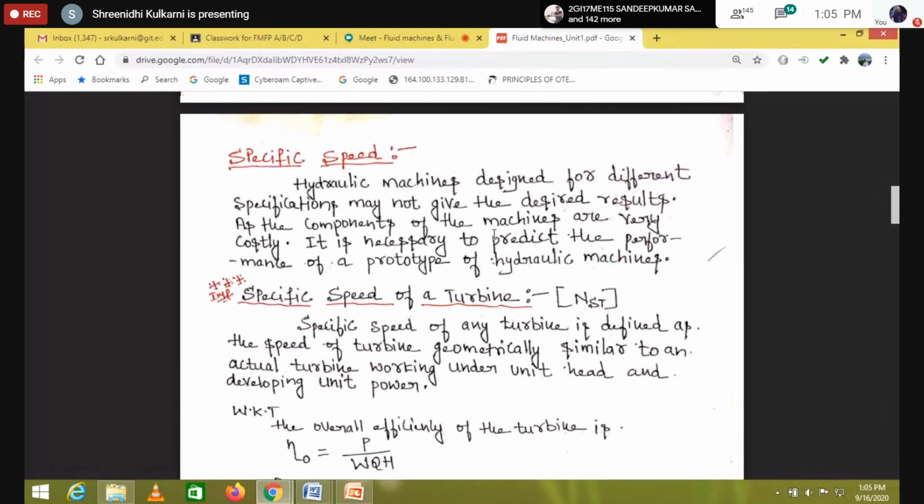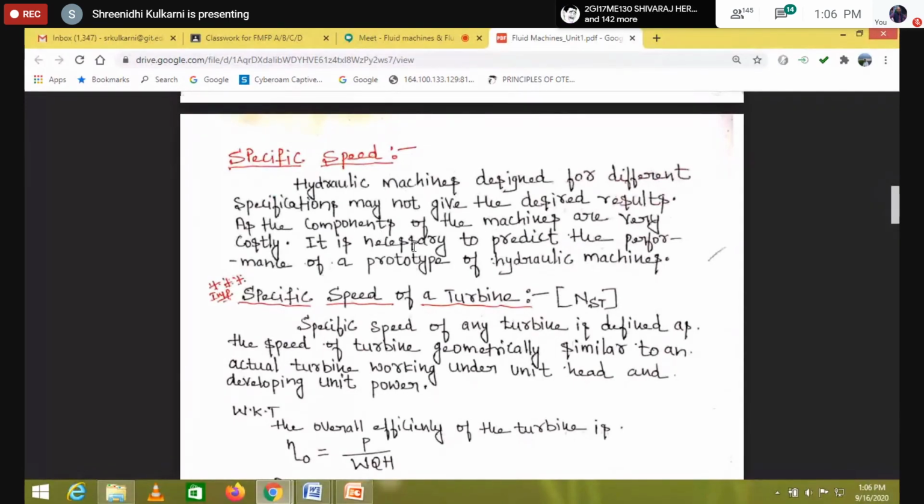Whatever I just showed as the rotor, we can call it a runner wheel. Hence, while operating under the same operating conditions of flow and head, geometrically similar turbo machines have the same specific speed irrespective of their sizes.